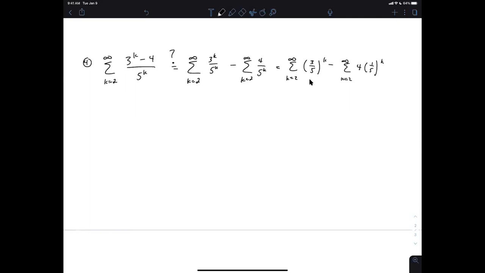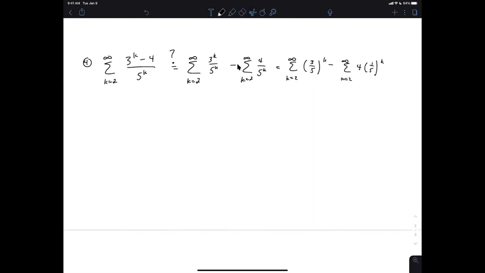Any ideas? So what do these do? What does this one do? Does this converge or diverge? It converges. And then what does this one do? Also converges.